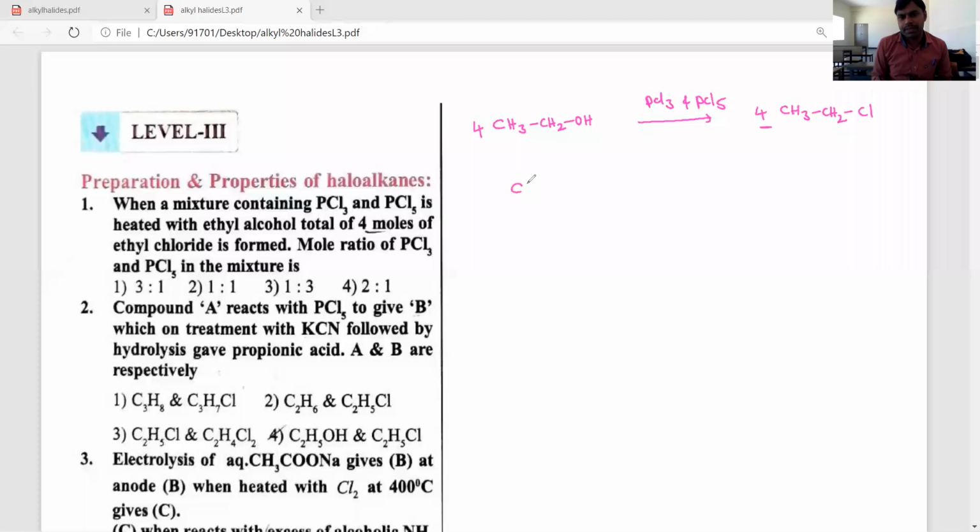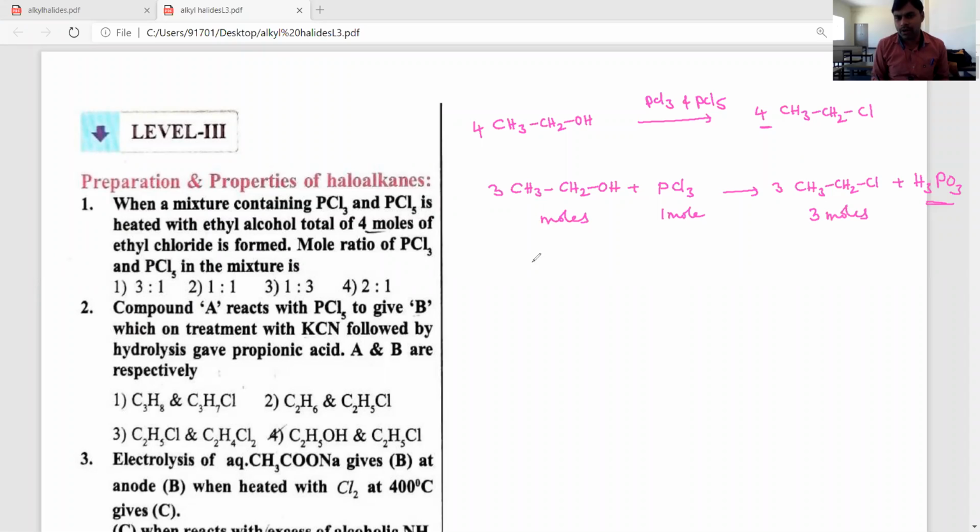First we'll write the reaction with PCl3. 1 mole of PCl3 reacts with 3 moles of alcohol and produces 3 moles of CH3CH2Cl plus H3PO3. This is the 3 moles over.